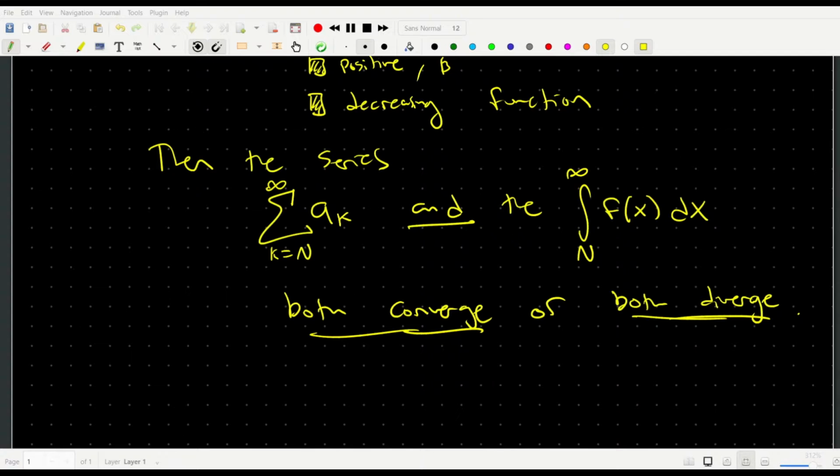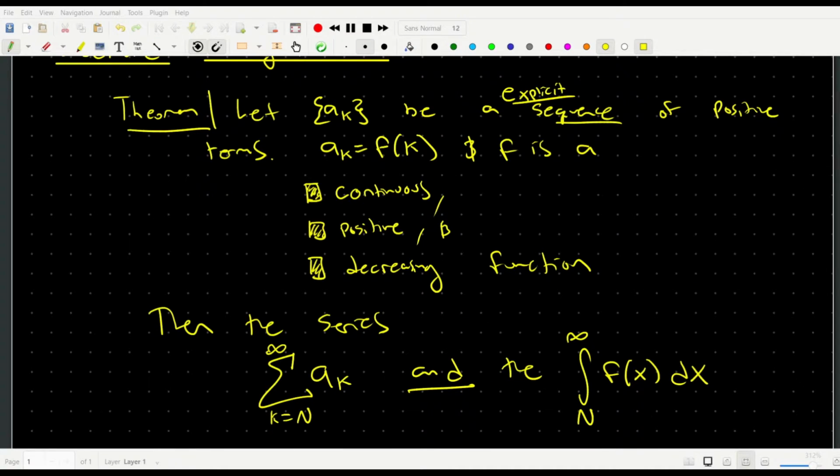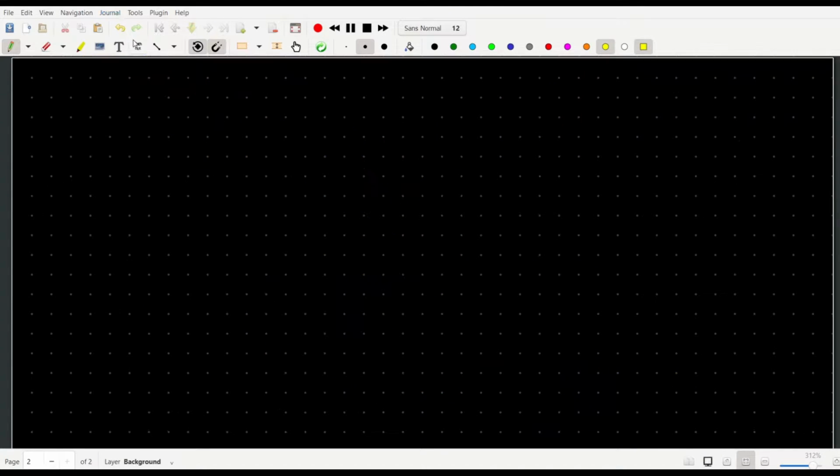One of the neat results that we'll show is that if we truncate this infinite series and obtain a certain partial sum, so we stop the series at a certain value and use that value to estimate the series, the improper integral is going to give us a nice way of estimating the error in this approximation of the series.